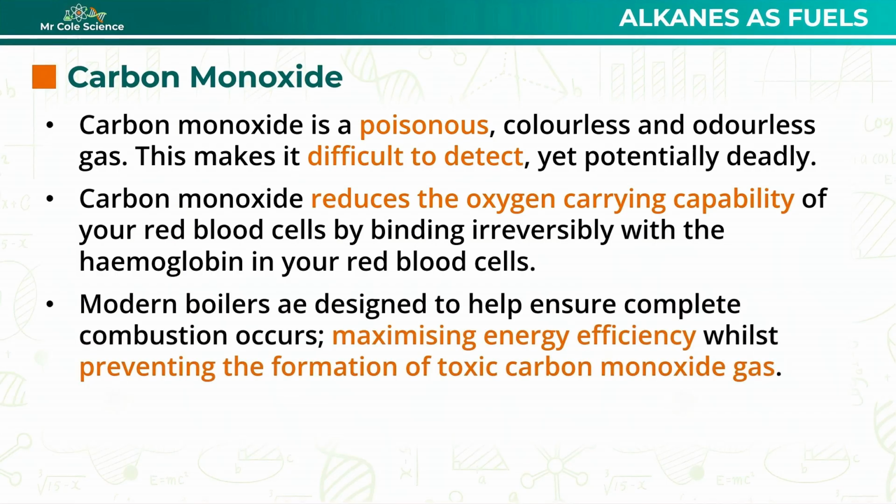This is why modern boilers are designed to help ensure complete combustion occurs, both to maximize energy efficiency, but also to prevent the formation of toxic carbon monoxide. So although incomplete combustion can still release energy from a fuel, it is far from ideal. Less energy is released compared with complete combustion, and toxic carbon monoxide gas can be produced.